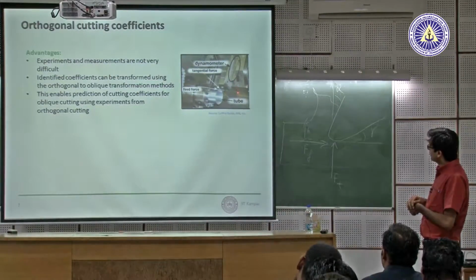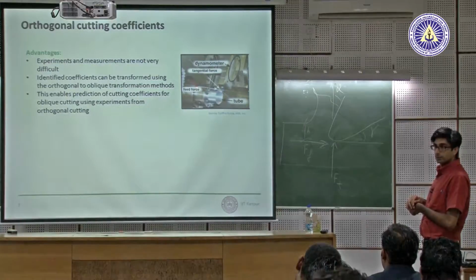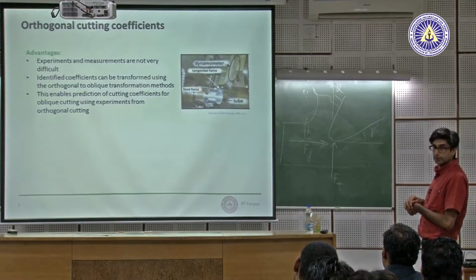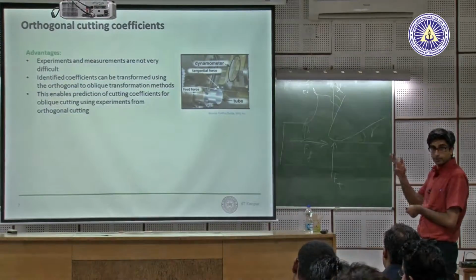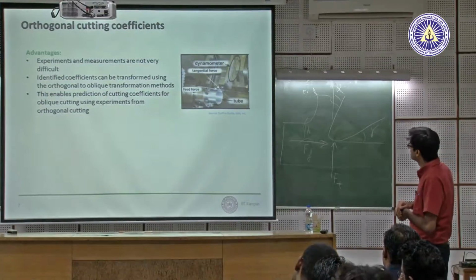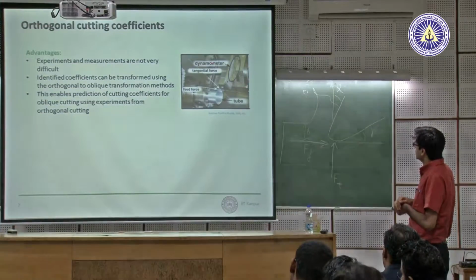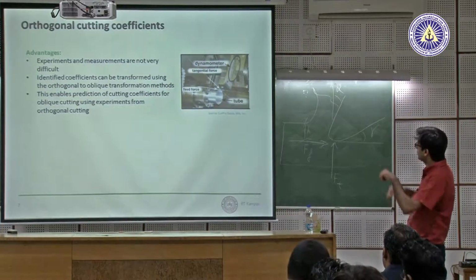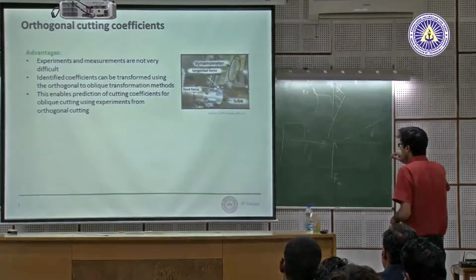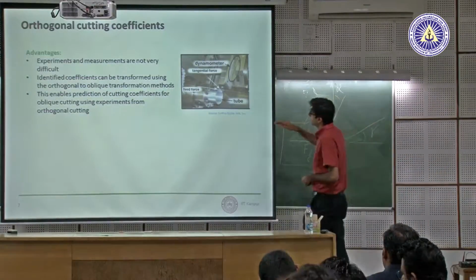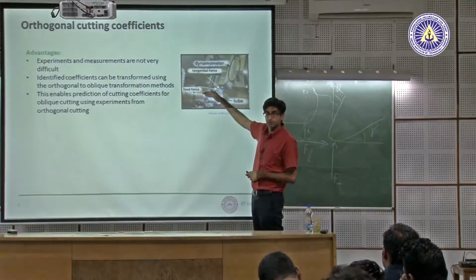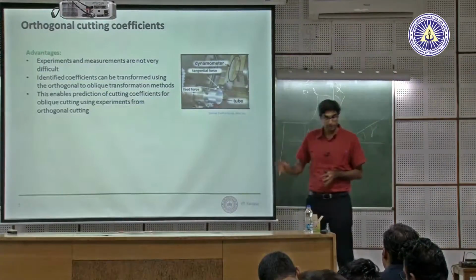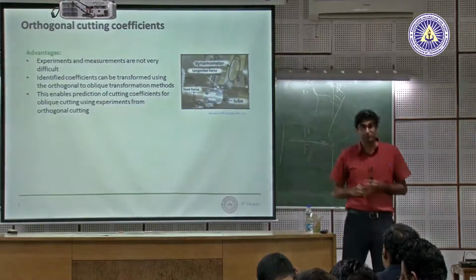And you're feeding the tool towards the left, measuring forces in all three x, y, z axes if you can. Your thrust force is what is acting into this plane, and your feed force is this. That's what we're going to measure, but in x, y and z directions.